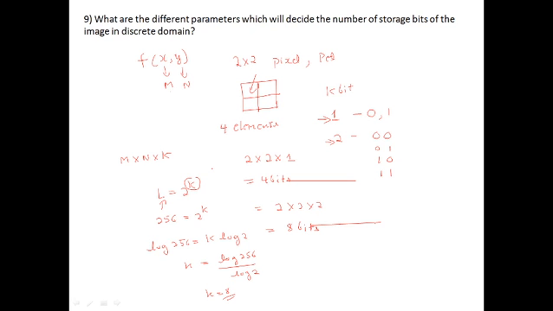So when you represent an image, there are various ways to represent it. It could be in terms of a surface, or it could be displayed as an intensity. Here this is your y-axis and this is your x-axis.